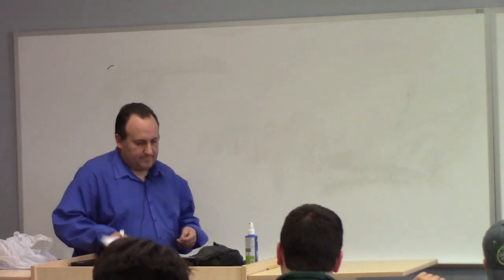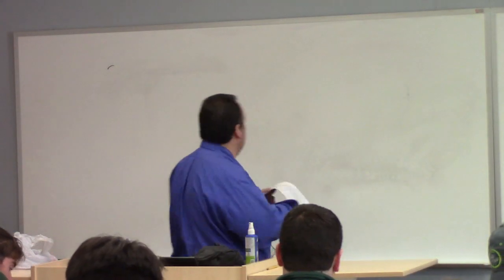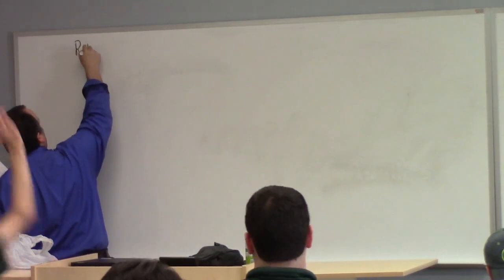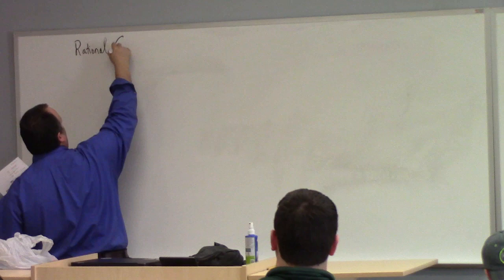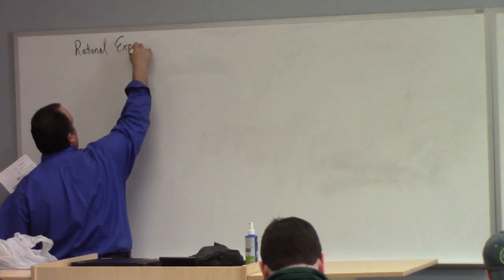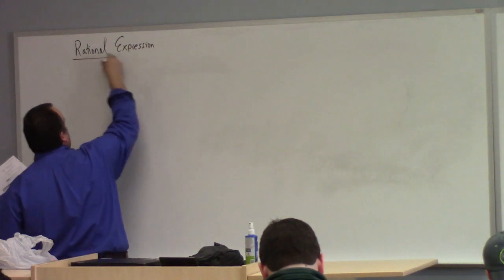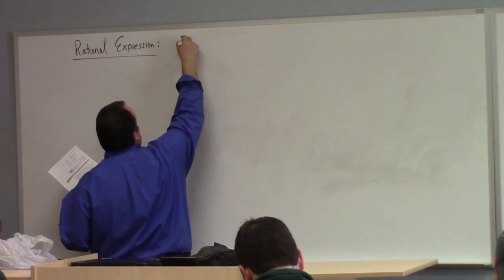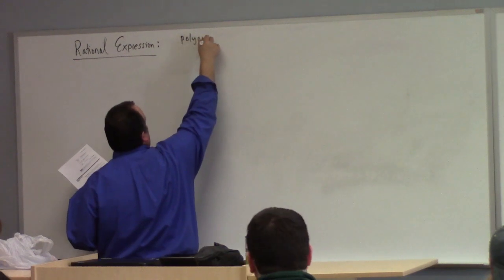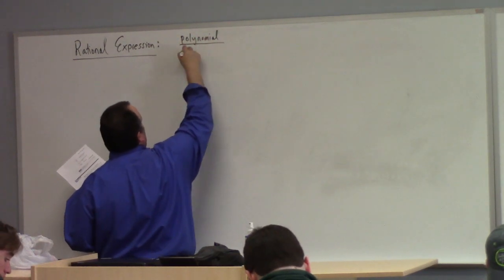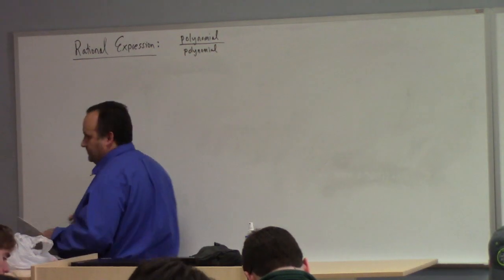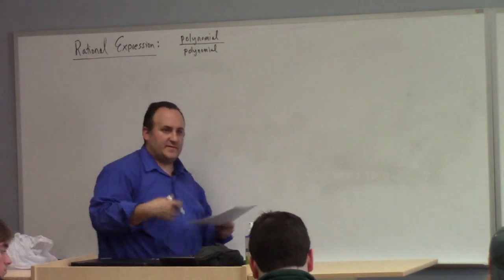So we're covering rational expressions today. What's a rational expression? Basically, in a nutshell, it's something of the form a polynomial over a polynomial, and then sums and differences of these things.